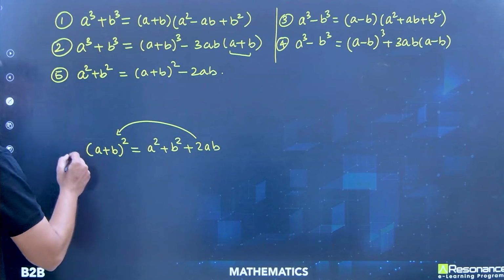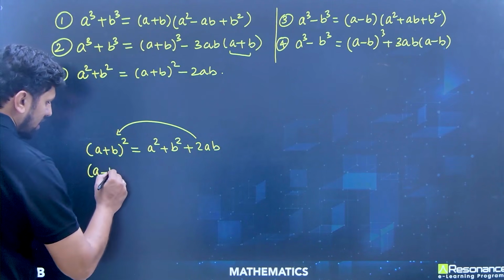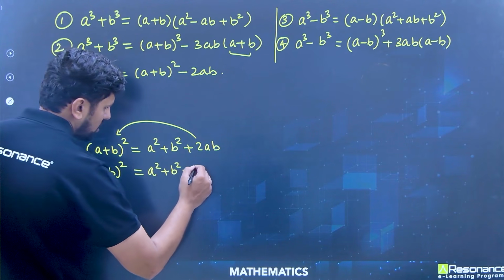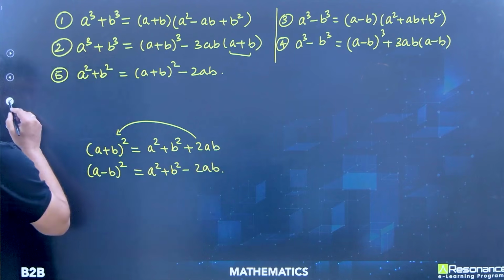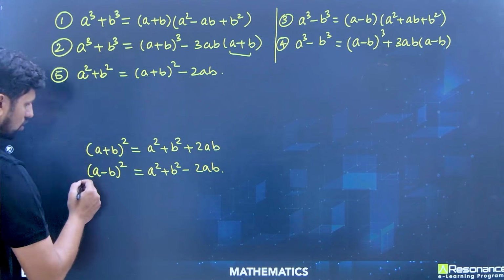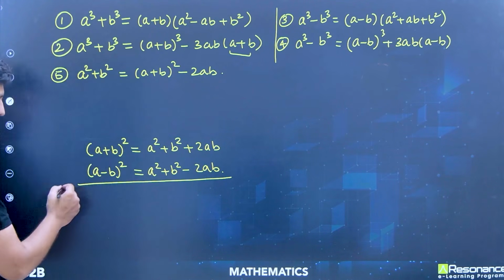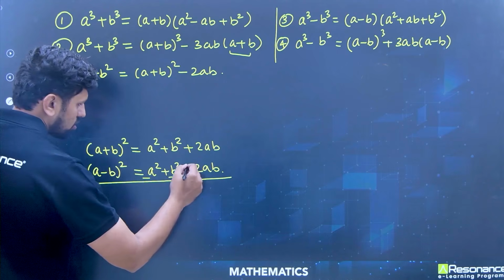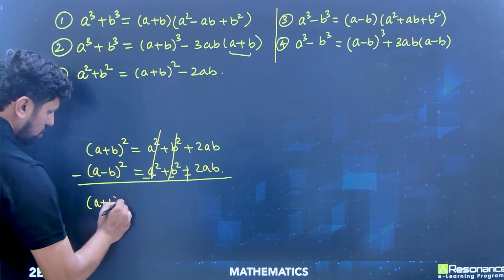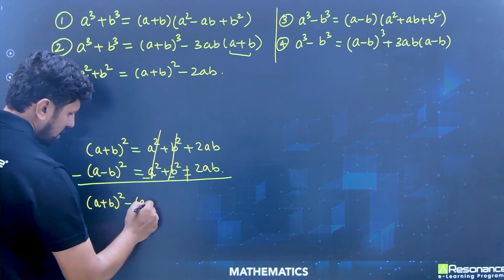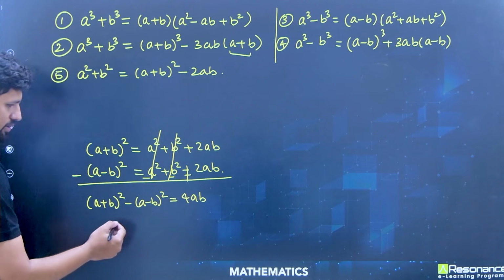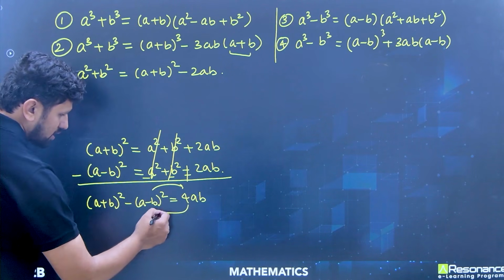Okay. Now, if I write a minus b whole square, what will this be? a square plus b square minus 2ab. What will happen if I subtract these two? This will become plus. So a plus b whole square minus a minus b whole square equals 4ab. So I will bring this here.